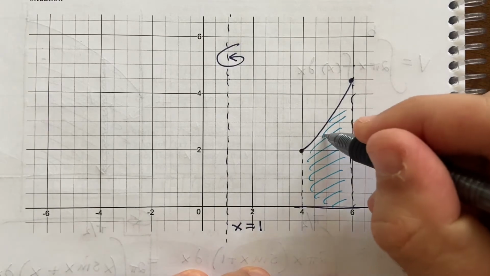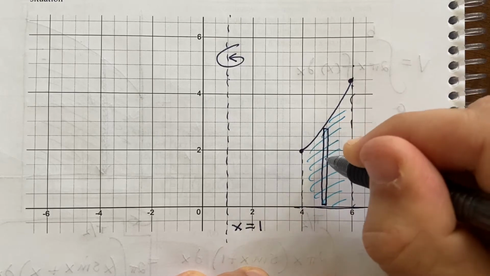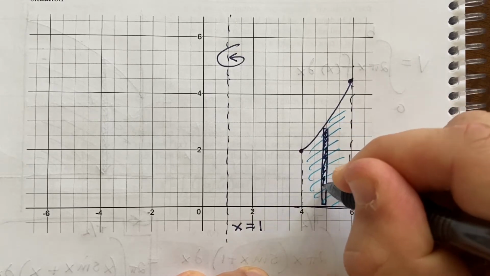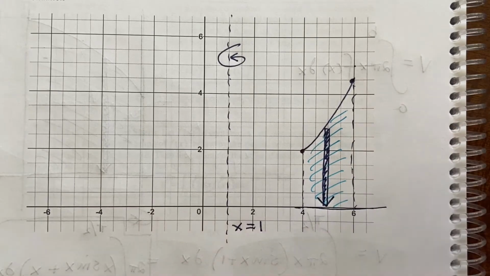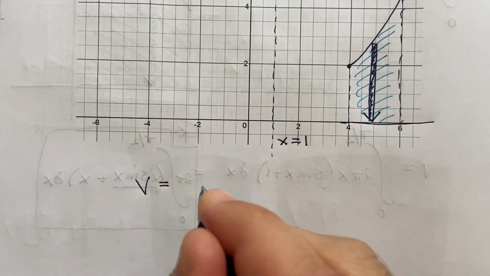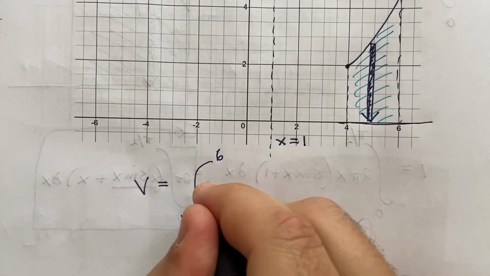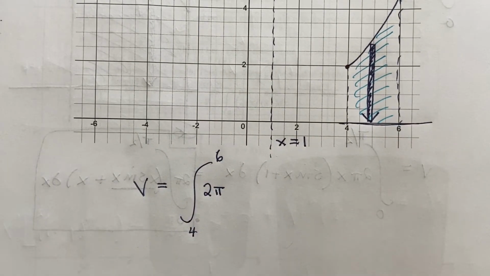Something I can do if I want to use the cylindrical shells is I can actually orient this still with respect to x. So the volume of that region can be found by integrating from 4 to 6, 2 pi, and then it's usually just times x, but that's when our area is attached to the axis of rotation. If your area is literally adjoined to the axis of rotation, then it is just x.